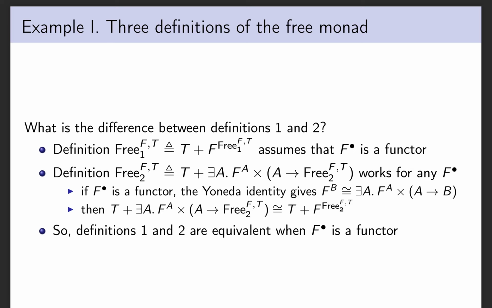So I have found that the first 2 definitions are actually equivalent given that F is a functor. That gives me very good information as a programmer. If I have a functor, I'll use the first definition, but if I don't, I'll use the second one. Otherwise, I'll have the same thing. So they're equally good, but I just can use one or the other.